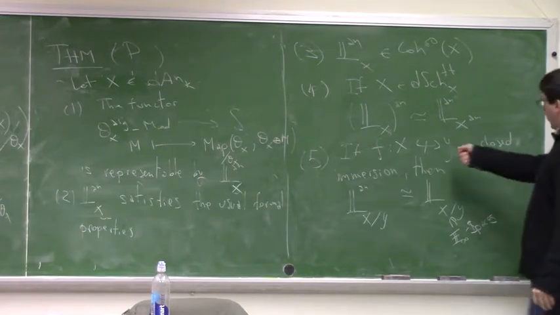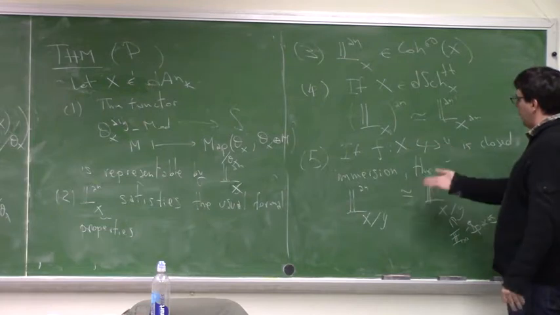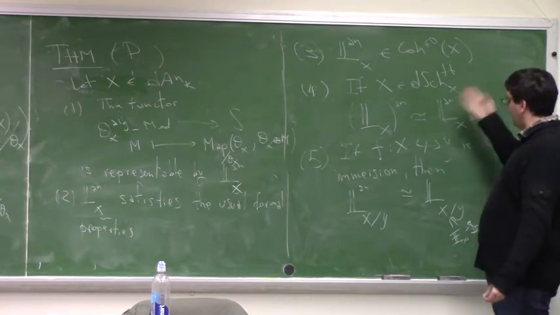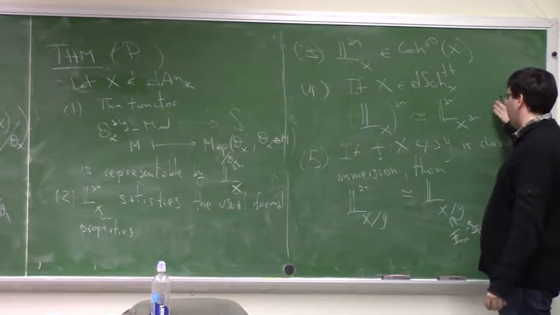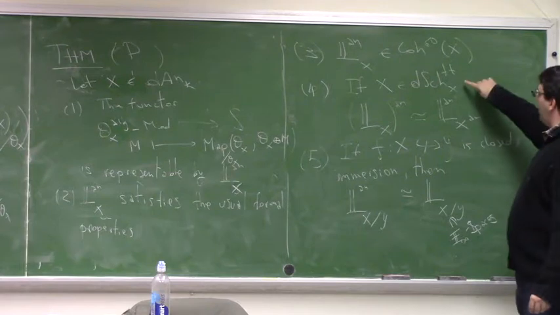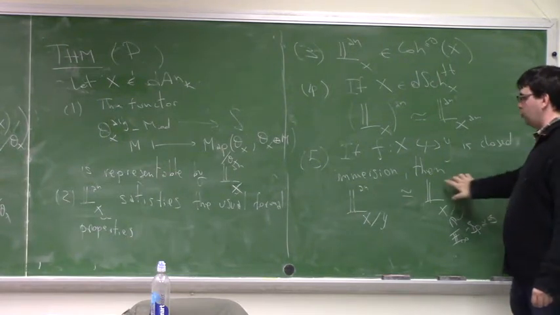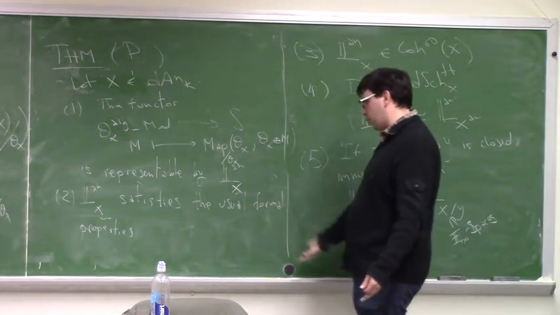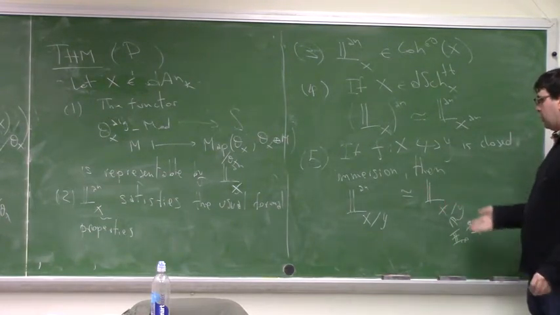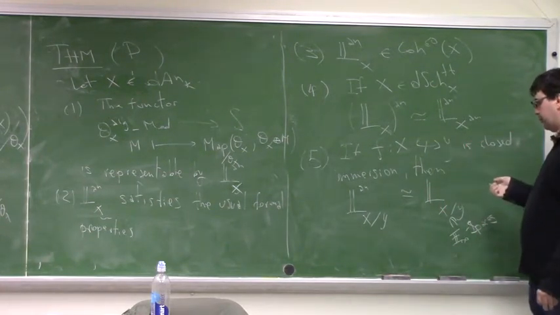So since every complex analytic space can be locally embedded by a closed immersion in something smooth, so in particular in some affine space, which is the analytification of the algebraic one, combining this property, this one, and the fiber sequence, we are able to actually compute in principle the analytic cotangent complex of an arbitrary space.